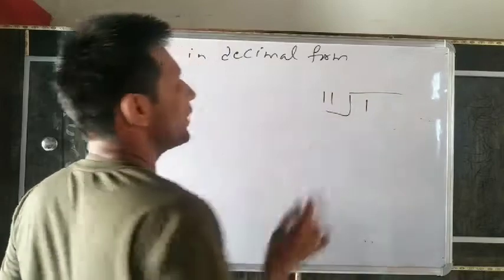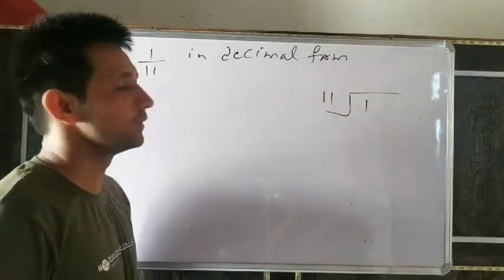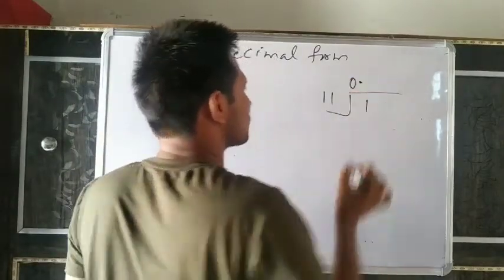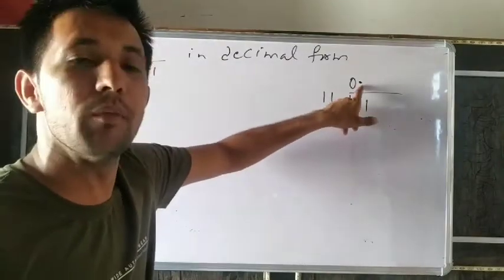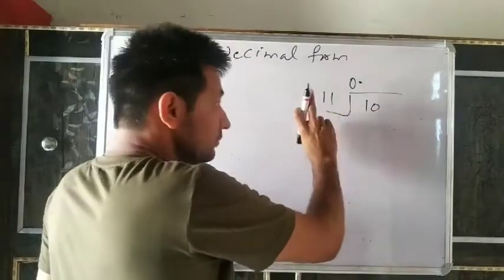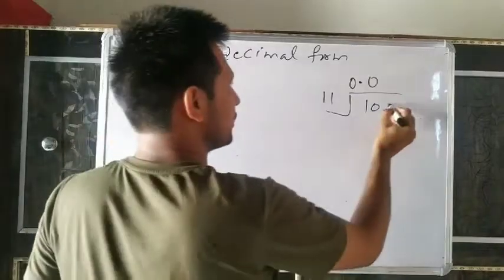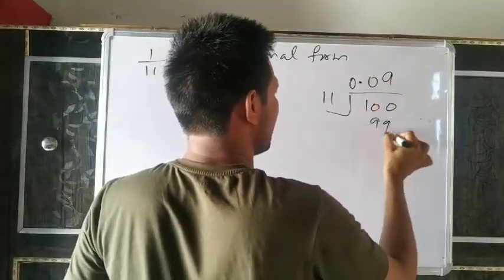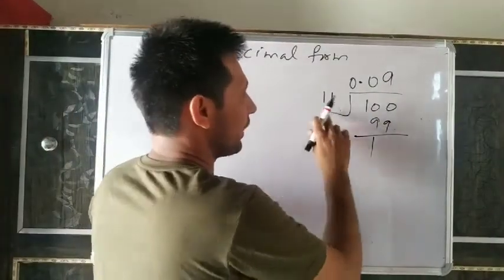We have to write the answer in decimal form. 1 is smaller than 11, that's why we will put a decimal point. Now, one more 0. Again, 10 is smaller than 11, so 0. Again, one more 0. 11 times 9 is 99. Remainder 1.